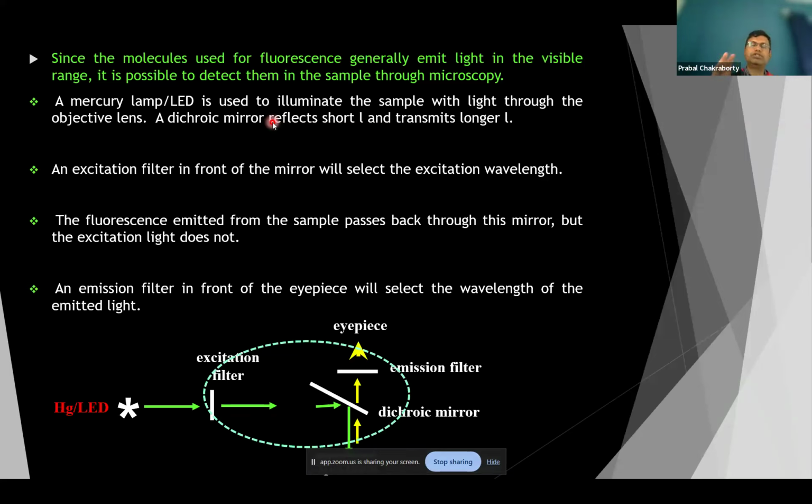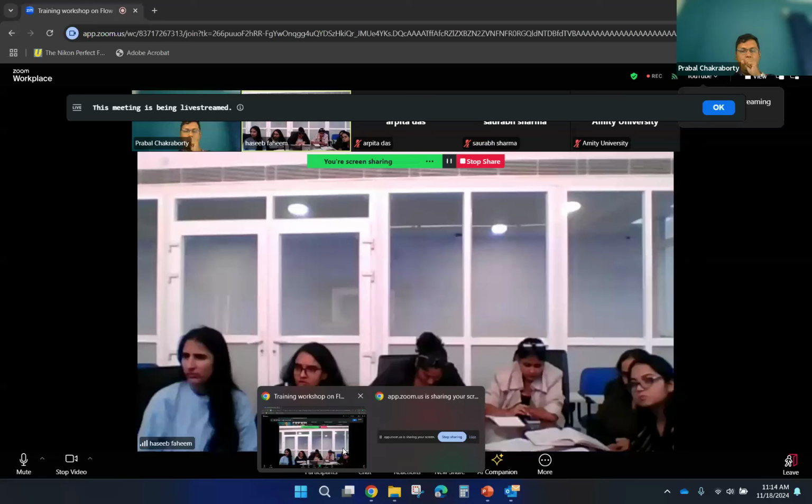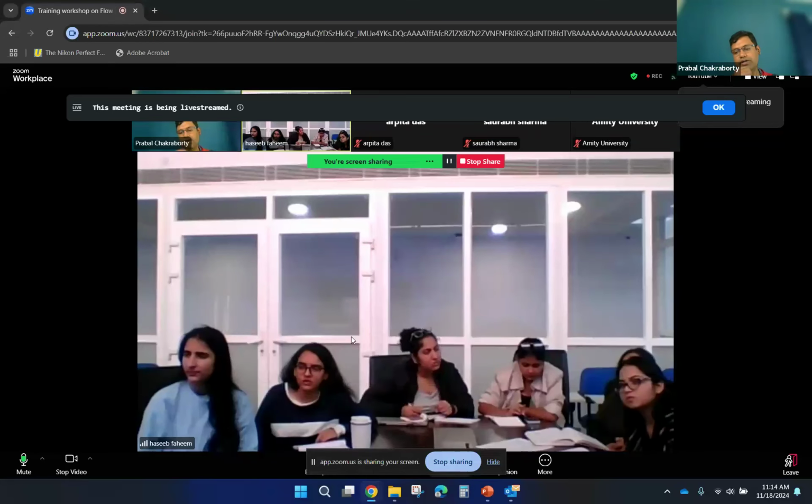Now, when we talk about fluorescence microscopy, let's say we are using a mercury illumination. So all the light is coming to your microscope body. Now, what you have to do is select a particular range of the light which you can use to excite a particular fluorophore set. So again, I just want to know, have you heard of any fluorophore molecule, like DAPI, FITC?